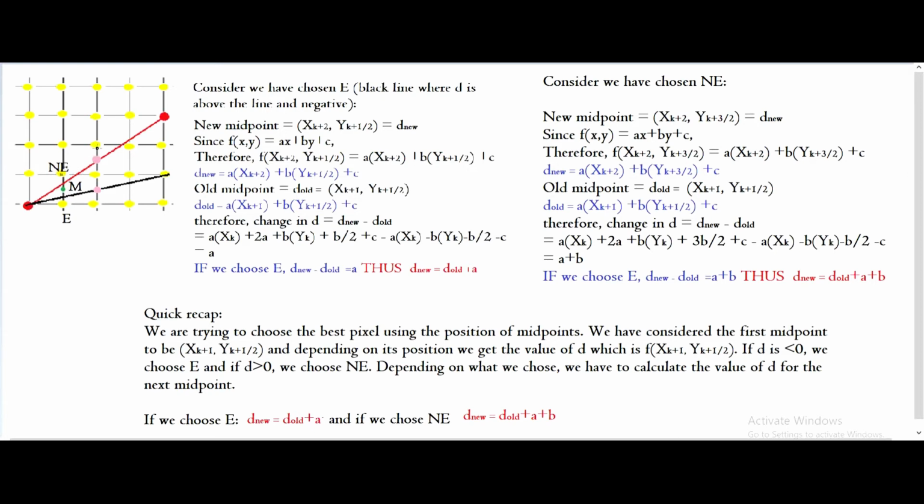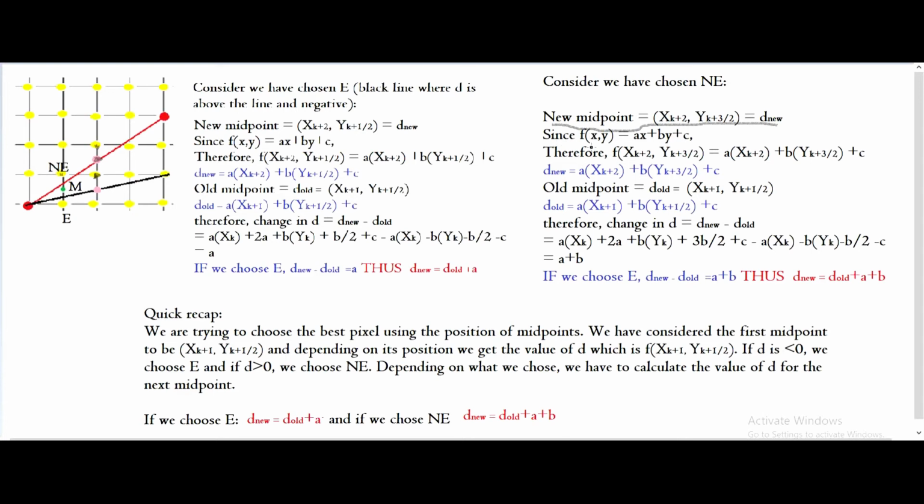And then we get to choose between this pixel here and this pixel here. And the midpoint between these two pixels is represented here. Its coordinate is given by xk plus 2 and yk plus 3 by 2, which basically means yk plus 1.5. Okay, so our new midpoint is here if we consider NE as our pixel.